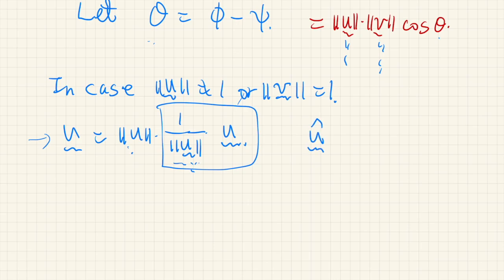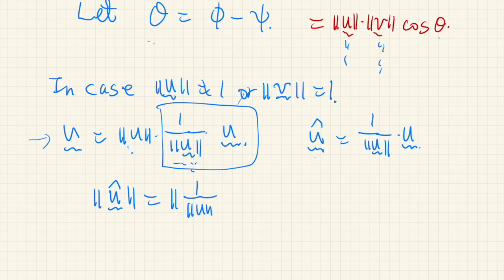u hat is defined to be 1 over the norm times the vector u. This u hat is actually a unit vector, right? So if we calculate the norm of this, it is the norm of 1 over the norm times u.